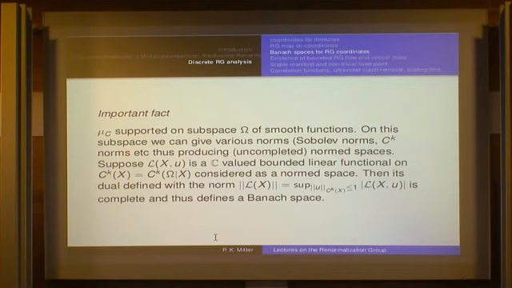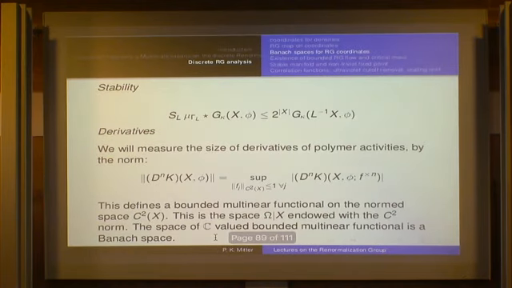That's what I mean, considered as a norm space. Then its topological dual, with the norm such that U in CK is less than or equal to 1, is in fact defined in this norm.